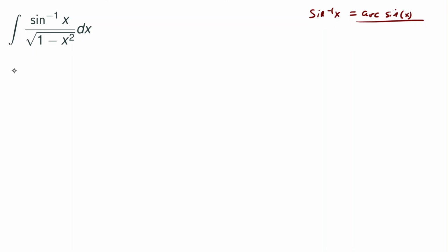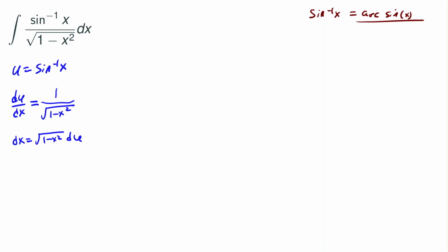So here we're going to let u be sine inverse of x. Then du/dx: we take the derivative of sine inverse, which is 1 over the square root of 1 minus x squared. Then we can cross multiply to solve for dx. Well, dx equals the square root of 1 minus x squared times du.